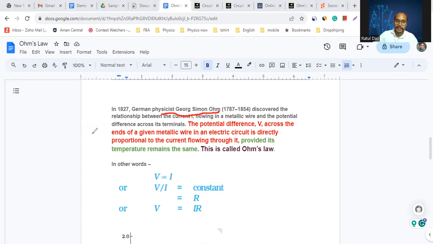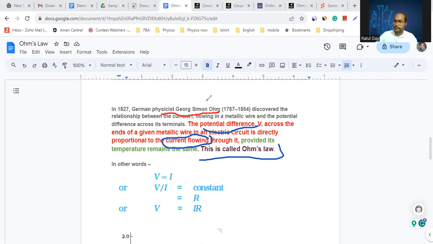He discovered that the potential difference across a resistor is proportional to the current going through the resistor. And this law is called Ohm's law. First time this was discovered by Simon Ohm, so it is called Ohm's law.